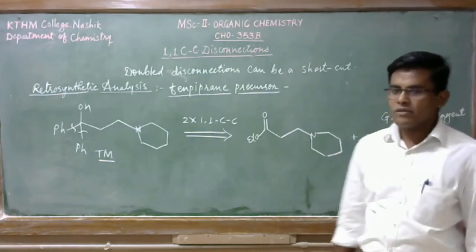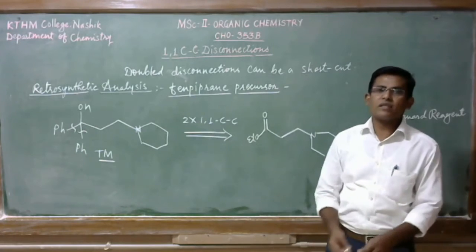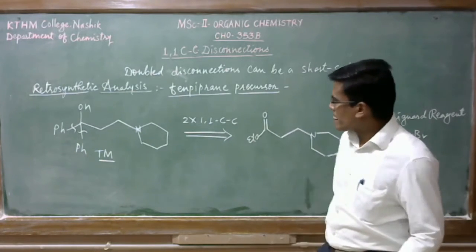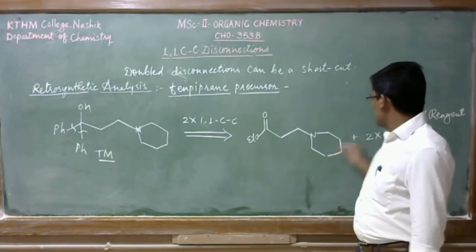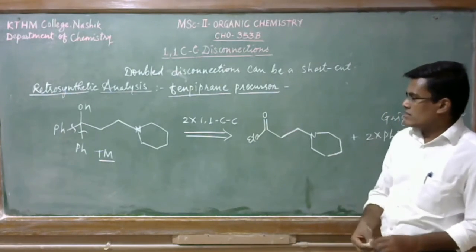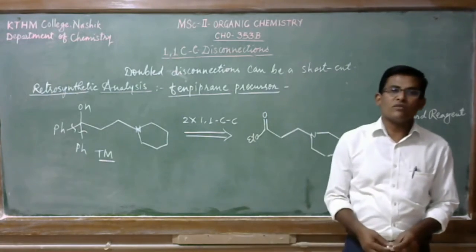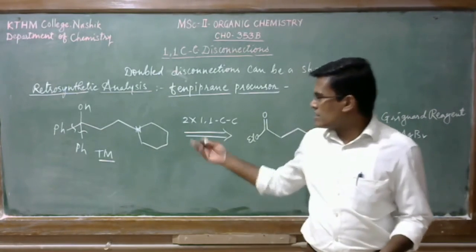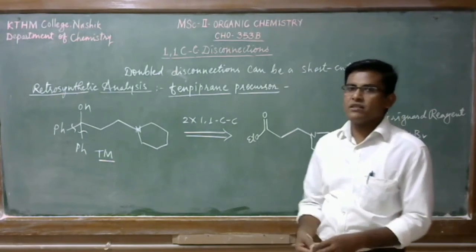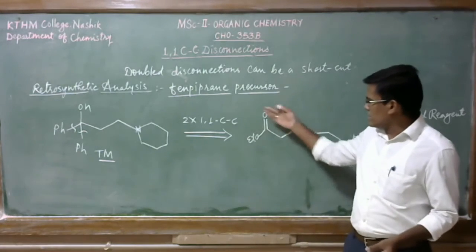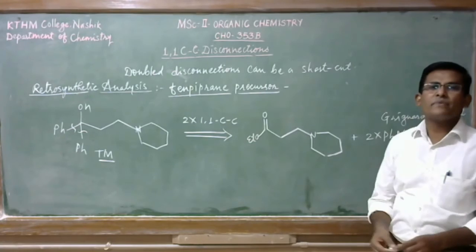When you apply this 1,1 carbon-carbon disconnection, we get this ester and this Grignard reagent. When the tertiary alcohol has two similar groups, it is obvious to have the starting precursors like an ester and 2 moles of Grignard reagent.